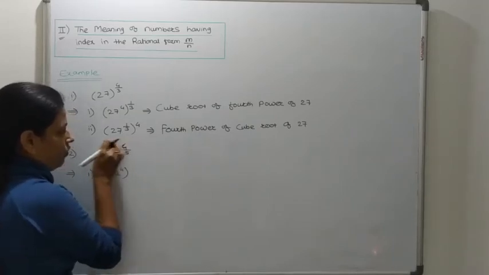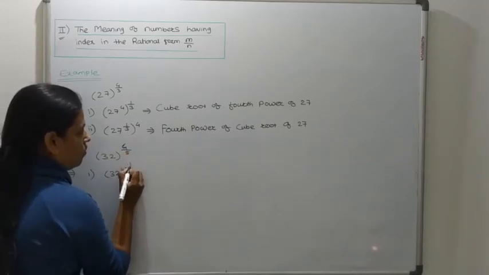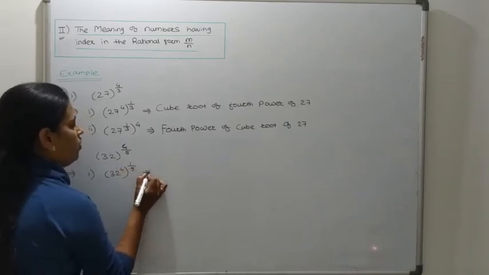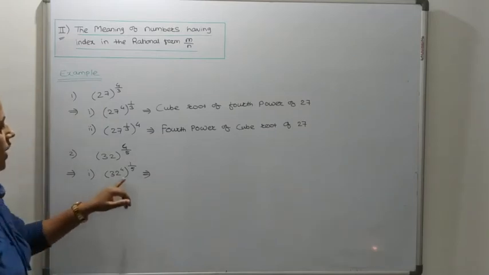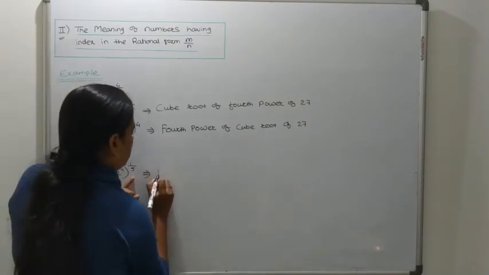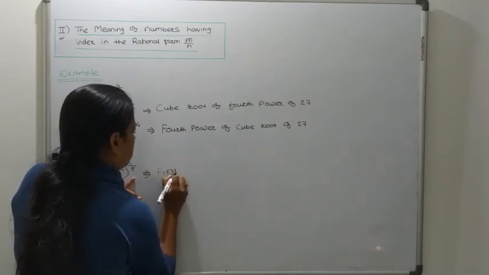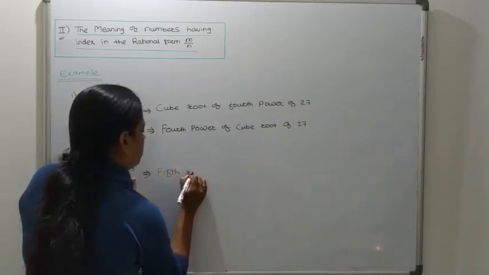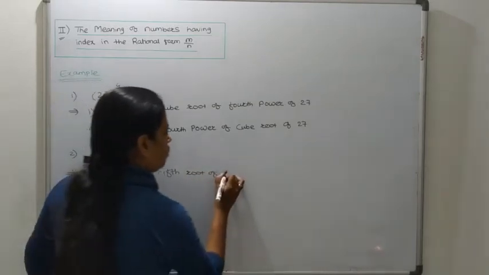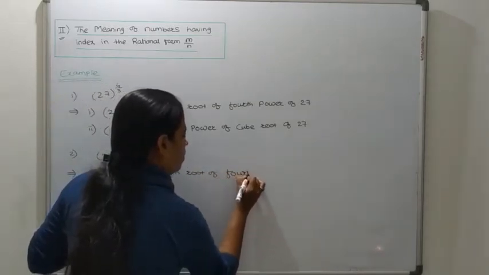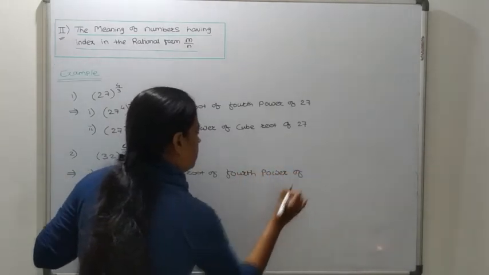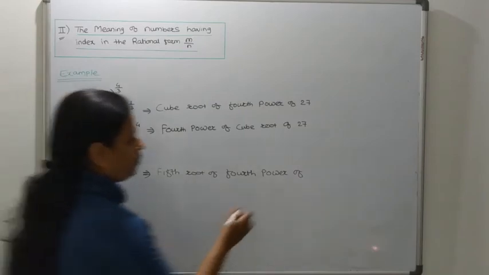If we take the 4 out, then what is remaining? That is 1 upon 5. So how to write this? This is the fifth root. Fifth root of the fourth power of 32.